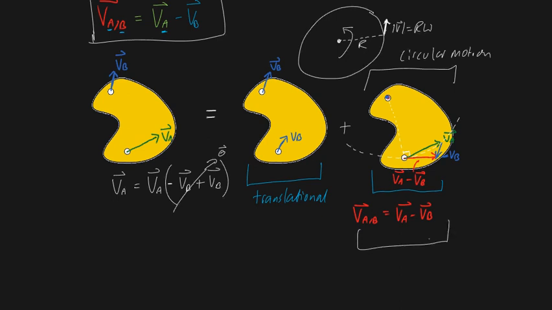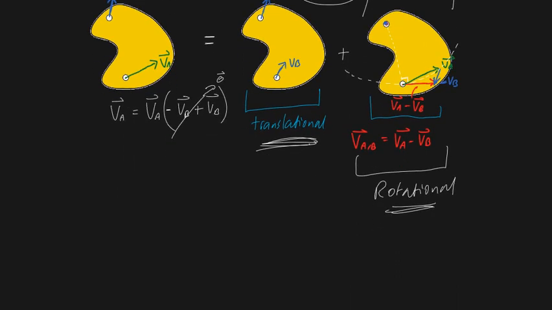So let me just say that I can describe this as both undergoing translational movement and also rotational movement. And the beauty of splitting this into both just translational and just rotational movement is we can write the velocity of A relative to B as now equal to the distance from A to B. Remember, this is B and this is A. The distance from A to B, which I'll just call AB, times your angular velocity.